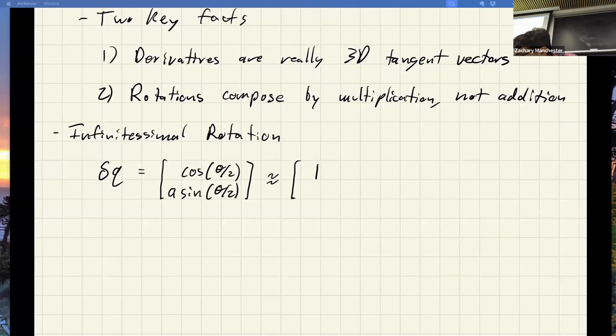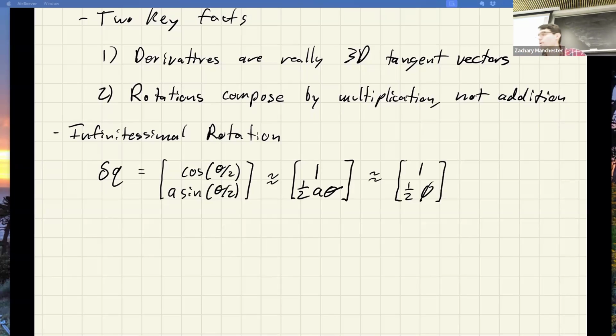So the bottom of this turns into 1/2 theta. And remember what we called a times theta before? That's our axis angle. So this thing's approximately a 1 on top, which, remember, 1, 0 is the identity. So really what this is saying is it's the identity plus half of the axis angle down here in the vector part. That's how I'm going to write that. And this guy's a small axis angle vector.